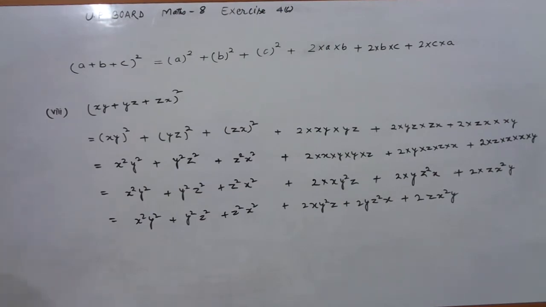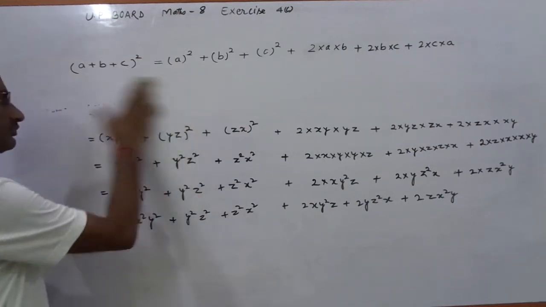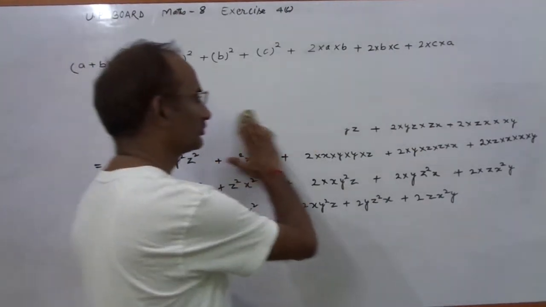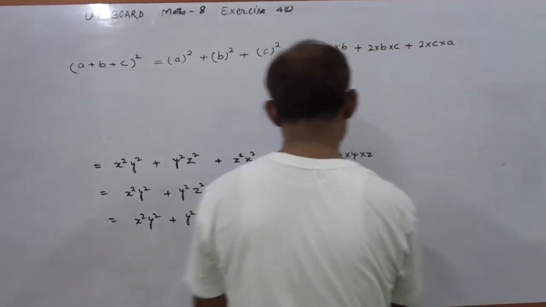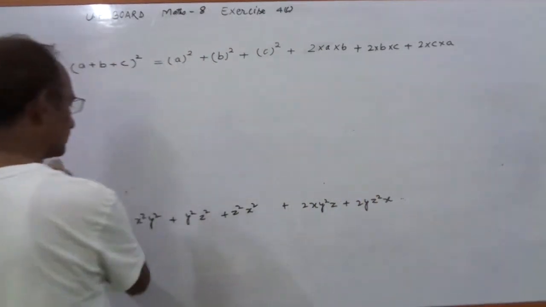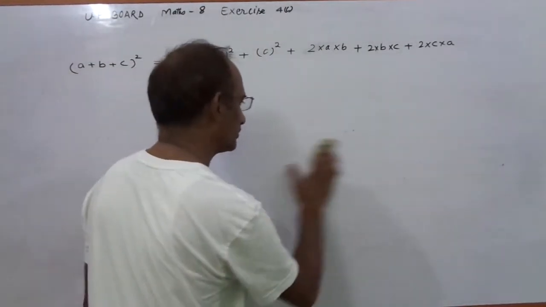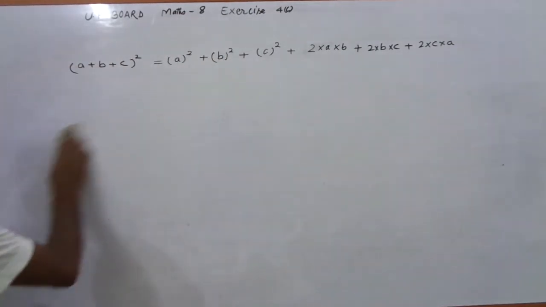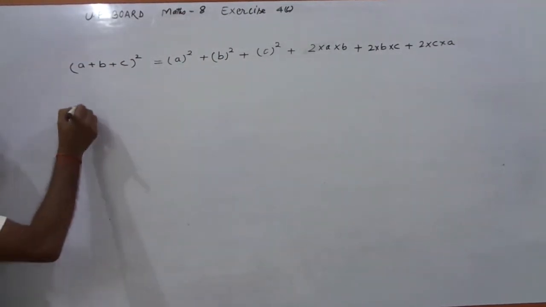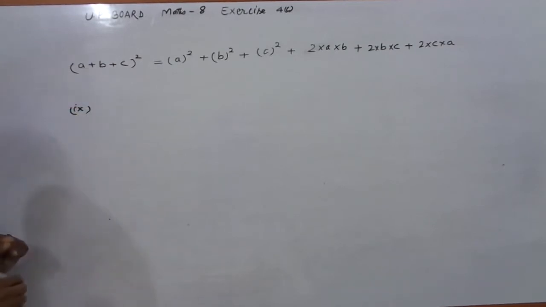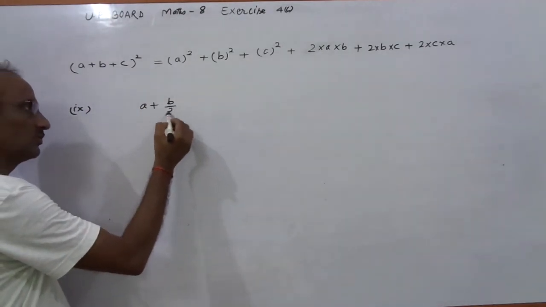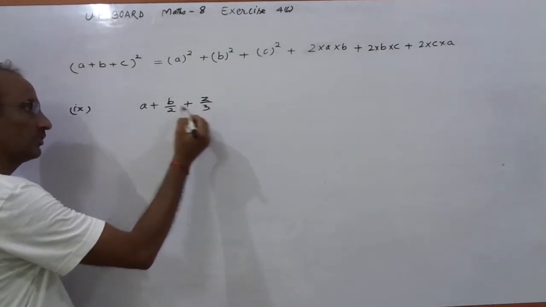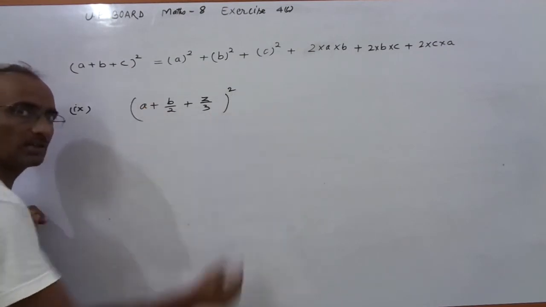Now let's see the next part of this question. It is a plus b upon 2 plus c upon 3 and whole square.